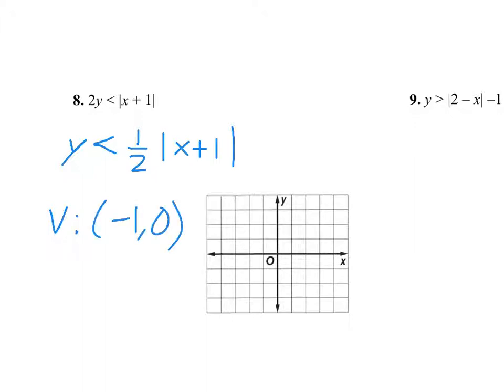We always do the opposite of what's inside, so -1, 0. And then we go up 1, right 2. Okay, this one we're going to make a dashed line because the or equal to is not there. And now we're going to shade below.